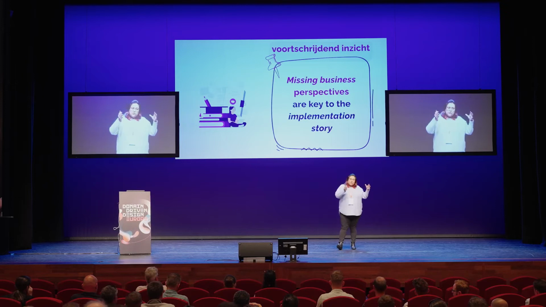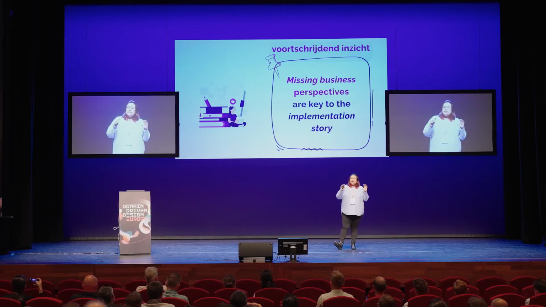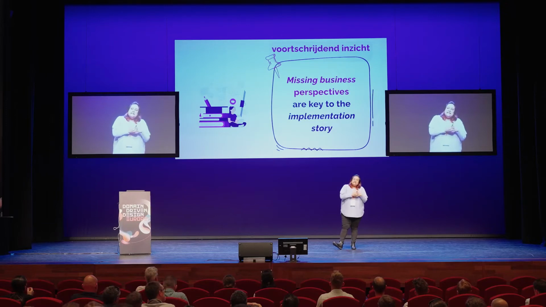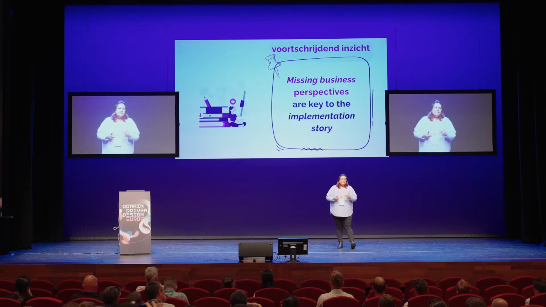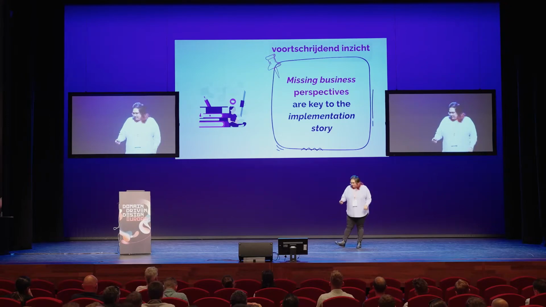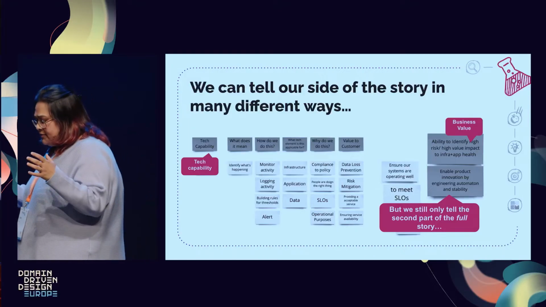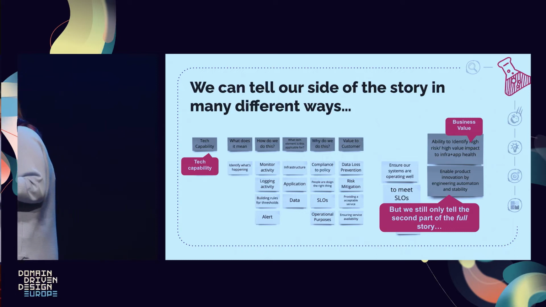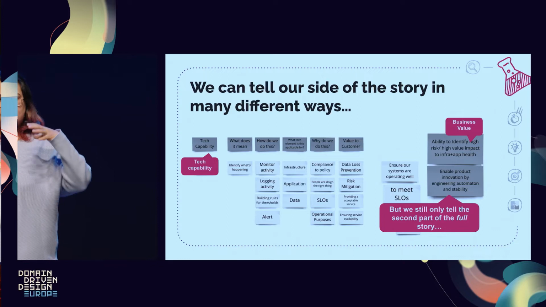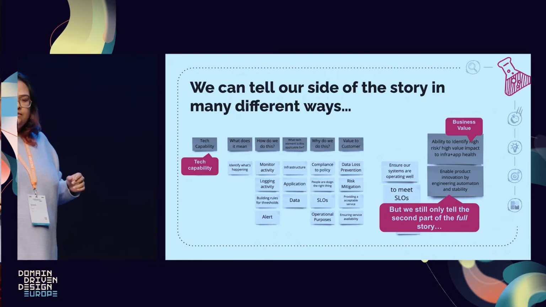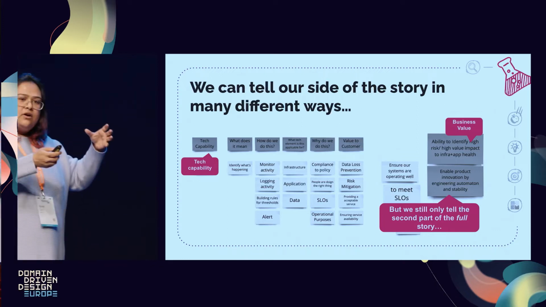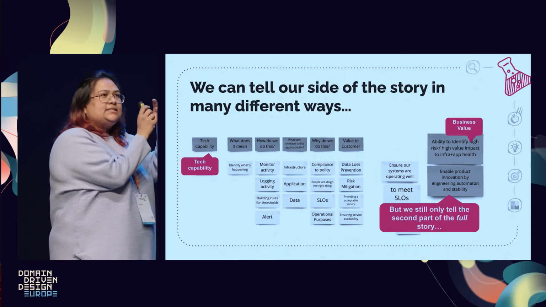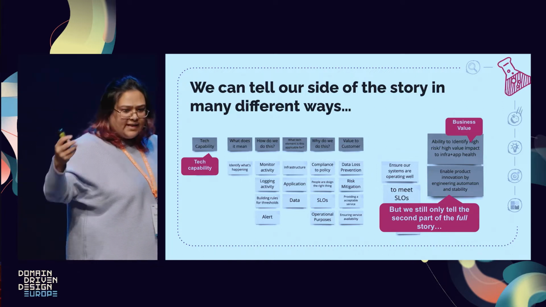So what we now learned was that the missing business perspectives were key to our implementation story. Now, the thing is, without those business perspectives, we can tell our story in many ways. We could draw beautiful sticky note diagrams on Miro, and we could talk about translating technical value to business value.